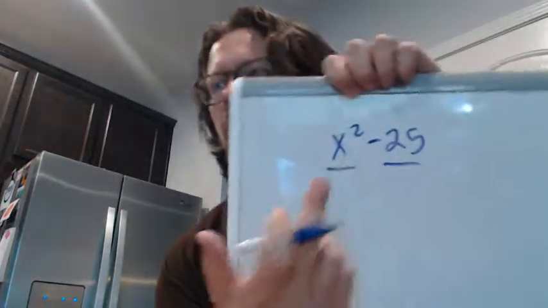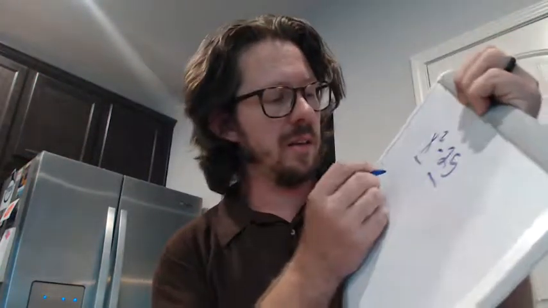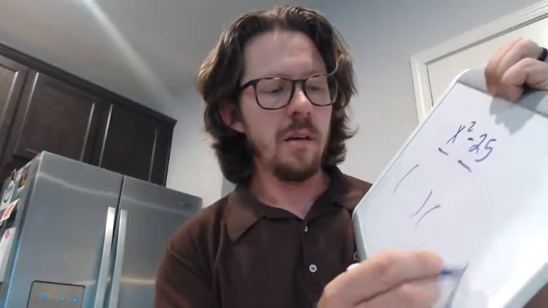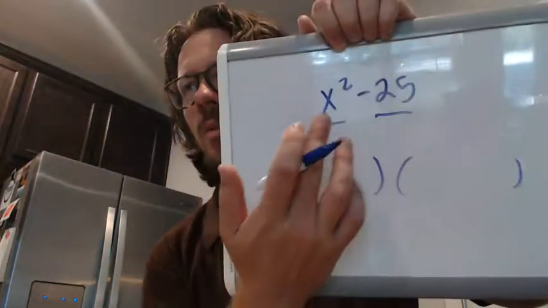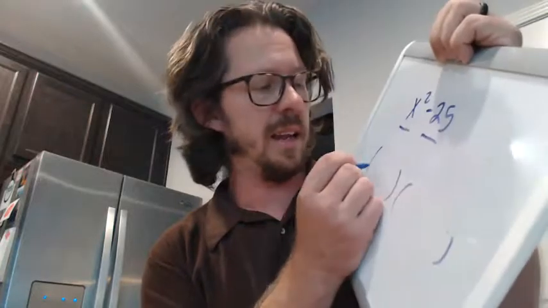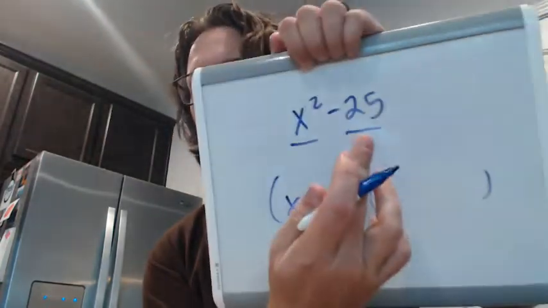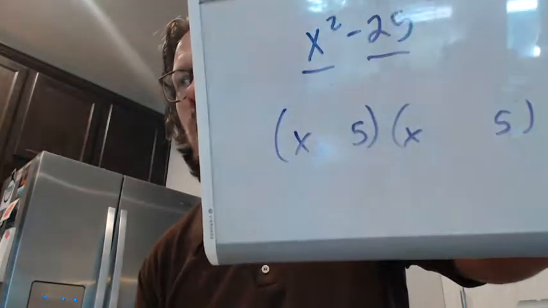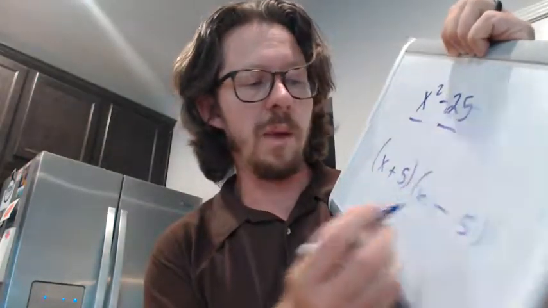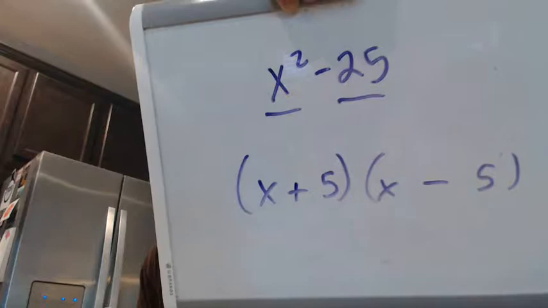The way a difference of squares works is, if you have something being squared here and something being squared here, you are going to write two binomials. Whatever the square root of this one is, which is x, you write here. And whatever the square root of this one is, which is 5, you write here. And then you just do 1 plus, 1 minus, just like those conjugates we learned about. So it's a pretty easy formula.